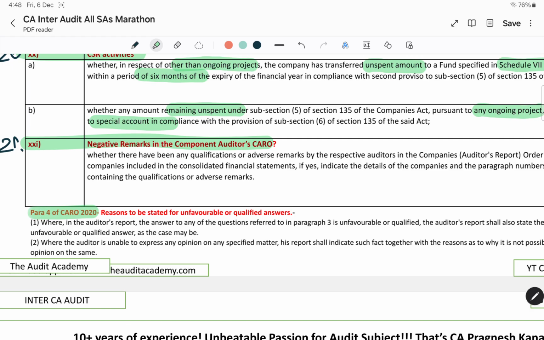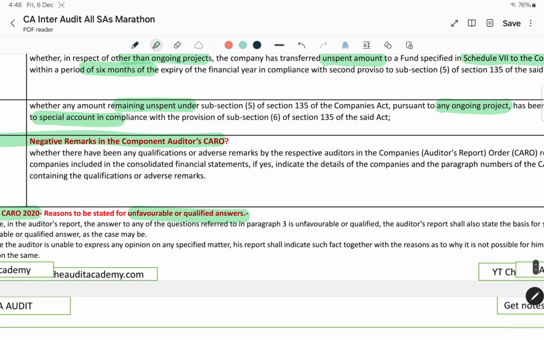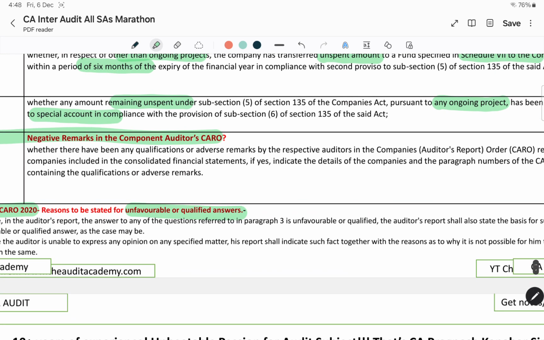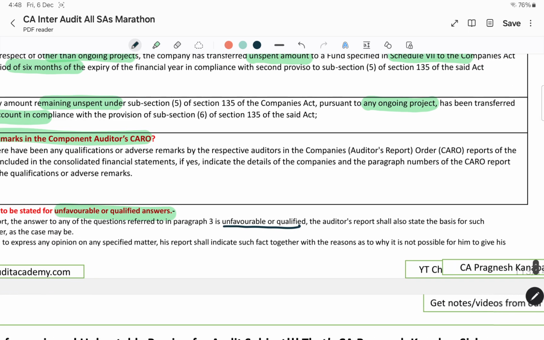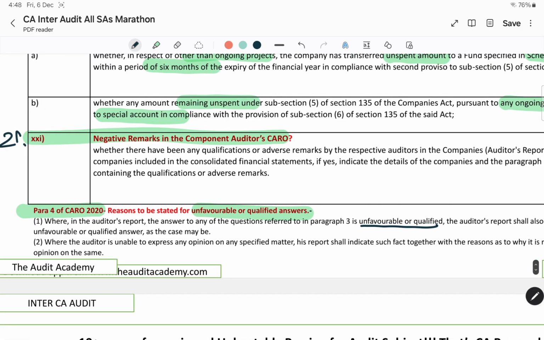Para 4 of the CARO 2020, reason to be stated for an unfavorable or qualified answer. Where in the auditor's report the answer to any question referred to in paragraph 3 is unfavorable or qualified, the auditor's report shall also state the basis for the unfavorable or qualified answer, as the case may be.